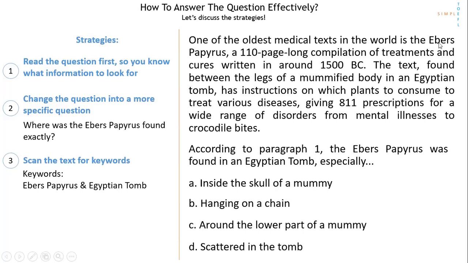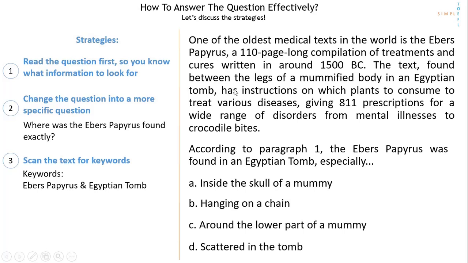We can see that Ebers papyrus is located between line 1 and line 2. As for Egyptian tomb, it is located in line 4 and line 5. So the answer is likely to be located somewhere between line 1 and line 5, okay?